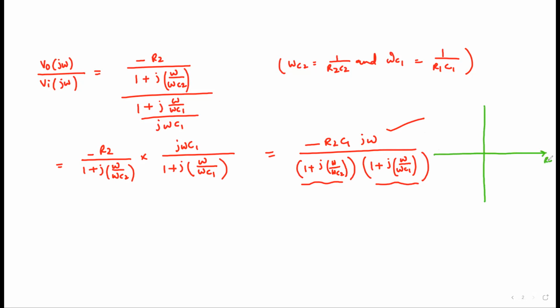Like this is the real part, this is the imaginary part right here. So in the numerator, we have a zero on the imaginary axis with the value of omega R2 C1.